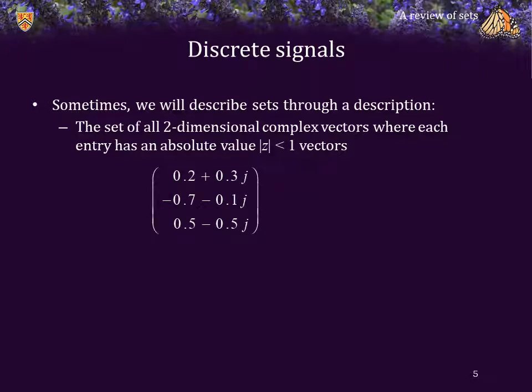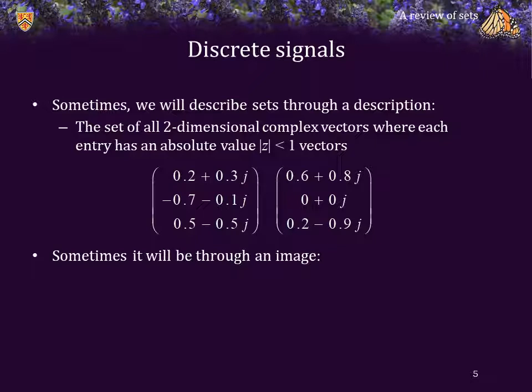So if you were to calculate the absolute value of each of these entries, you would see that the absolute value of each of these is less than 1. Here's a vector that's not in that set, specifically because the first entry, 0.6 plus 0.8j, actually has an absolute value exactly equal to 1.